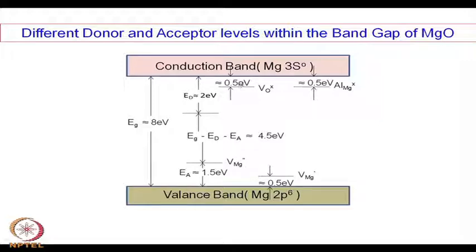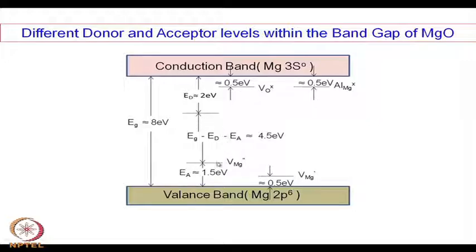Here it is the oxygen vacancy, that means intrinsic vacancy. This is the magnesium vacancy and this is the oxygen vacancy. Once again it is about 0.5 electron volt here, and this is doubly charged, sorry, it has not been mentioned here. This is the next ionization of this level.